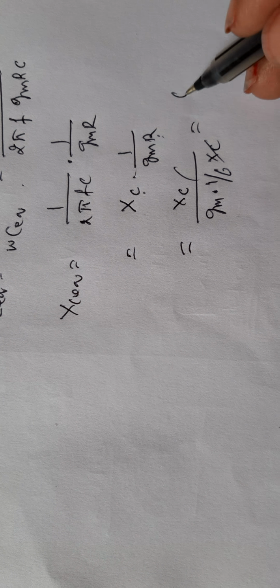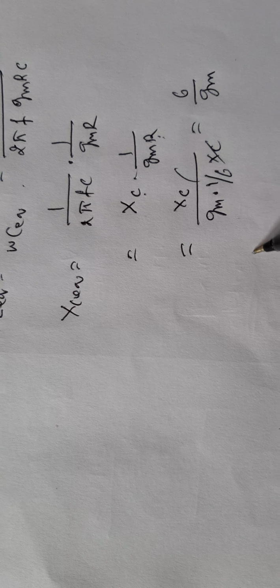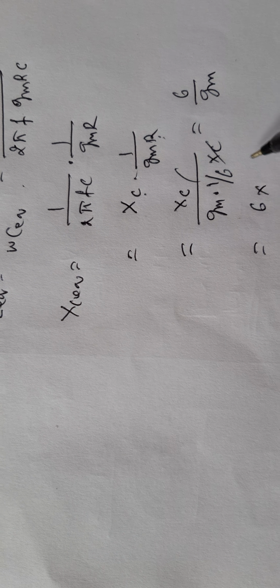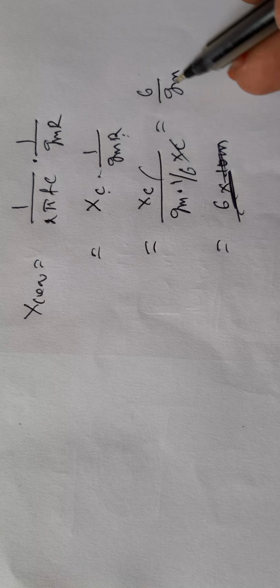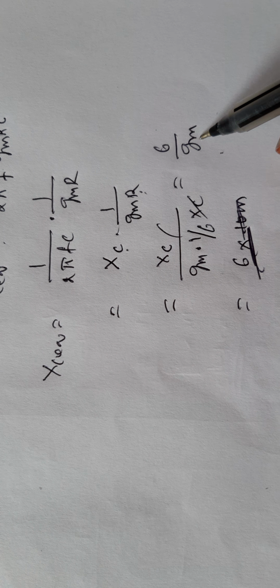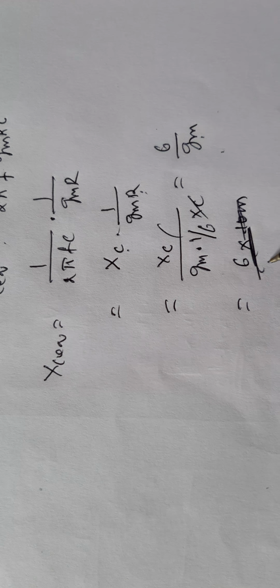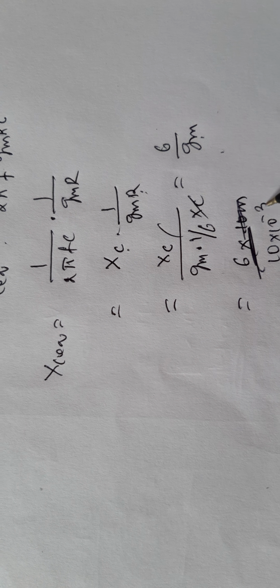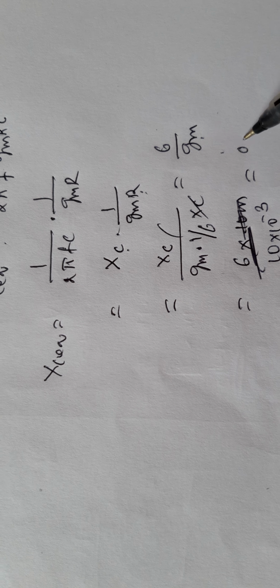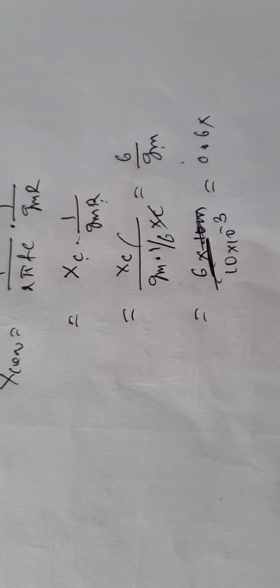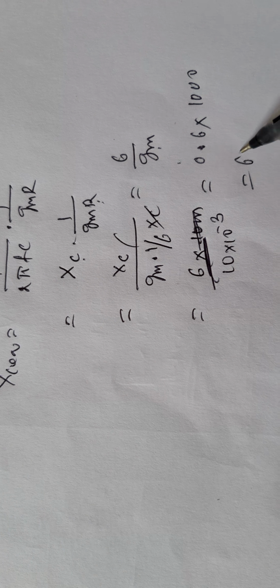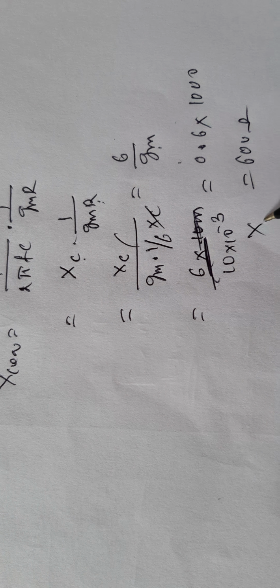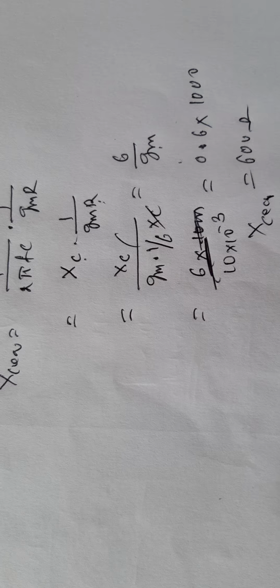Xc gets cancelled, you get 6 by gm, which is equal to 6 divided by 10 millisecond, that is 10 into 10 power minus 3. 6 by 10 is 0.6. When it goes up, it becomes 100,000. That is equal to 600 ohm. That is our Xc equivalent.